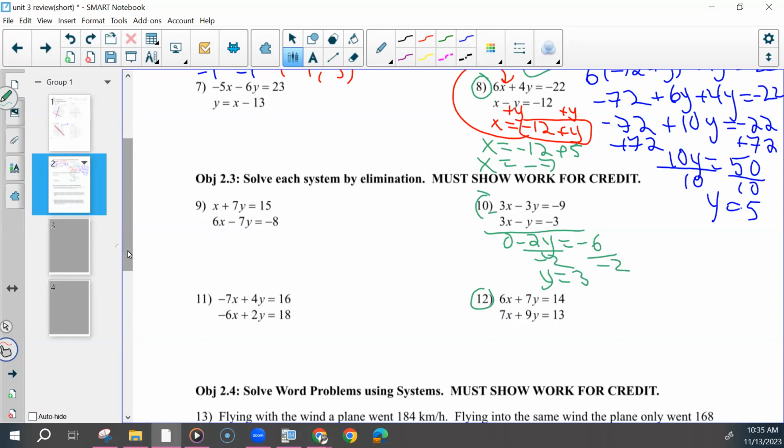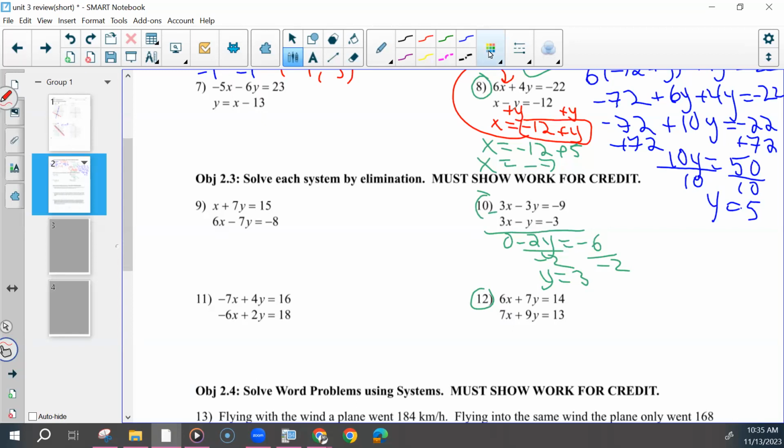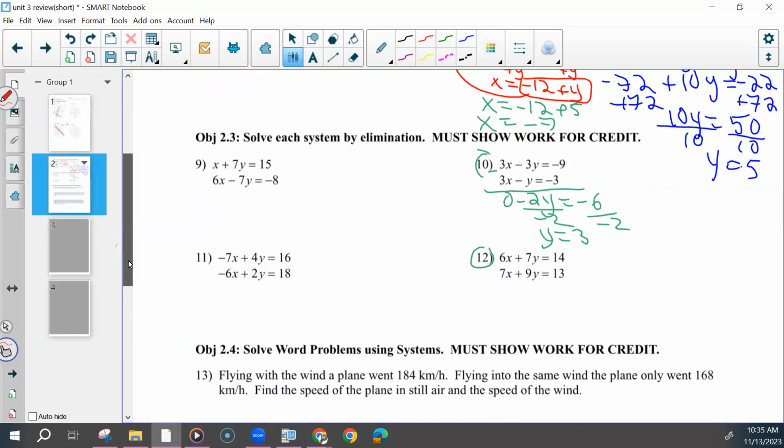Then this part is the same as substitution. Take this and put it in one of your equations to go back and find x. Let's say I put it in the second one. So 3x minus 3 equals -3.